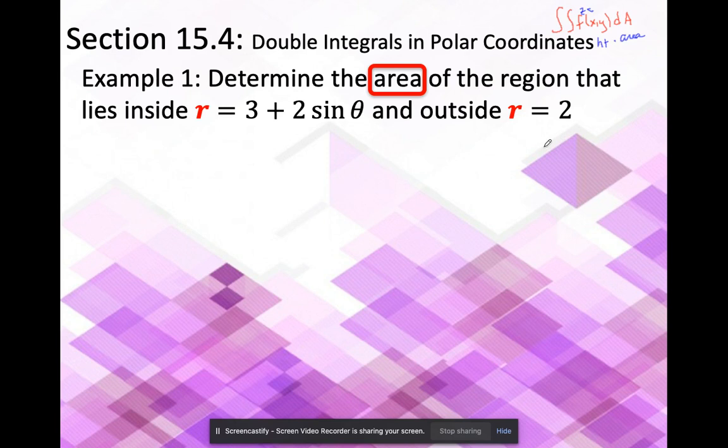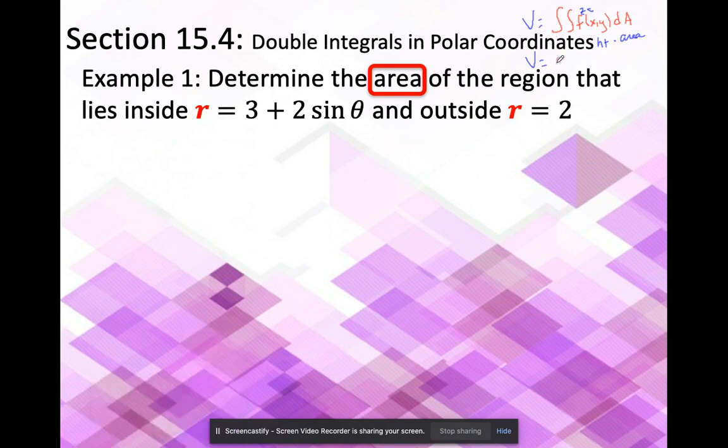So we're talking about a volume between a surface in the z plane and an area on the xy, the domain area on the xy. And we're taking delta area, multiplying it times the height, adding them all up, and we're getting volume.